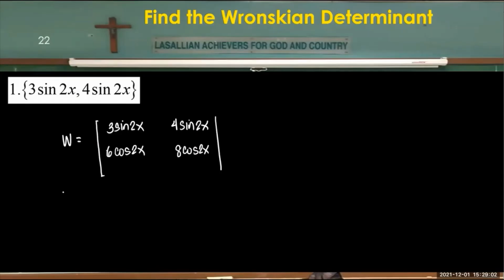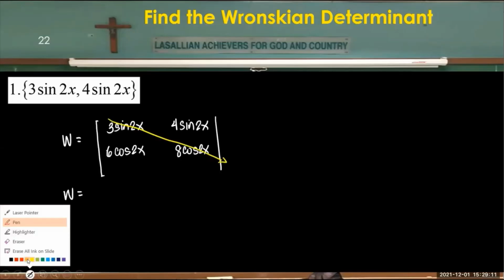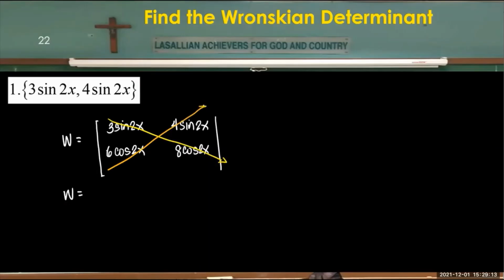So for the Wronskian determinant, it's basically the primary diagonal minus the secondary diagonal. So the primary diagonal, 24 sine 2x cosine 2x minus 24 sine 2x cosine 2x.